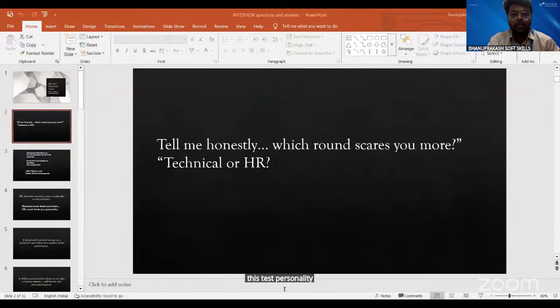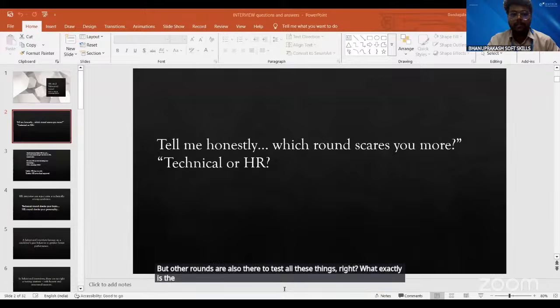Hiba, you are right. Fit to the company, to test behavior, attitude, our ability. Is it fit for the job or not? To check our confidence, body language. But other rounds are also there to test all these things, right? What exactly is the reason?